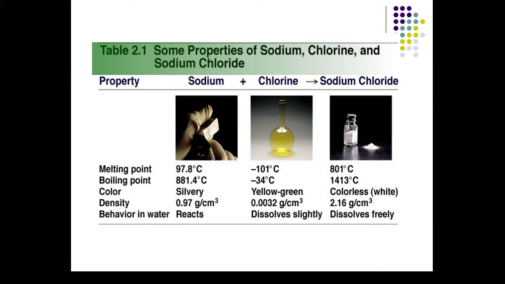So sodium has specific melting point, boiling point, color, density, how it reacts in water, how it reacts with acid. It has specific chemical and physical properties. Chlorine has specific chemical and physical properties. We could bring those together and do a chemical reaction where we take on new chemical and physical properties.